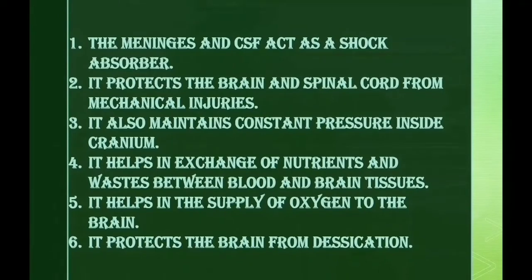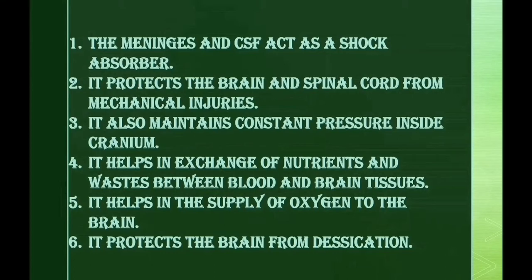First is the meninges. We already studied the meninges, and the CSF acts as a shock absorber. That means whenever any accident takes place and you fall down and get hurt on your head region, on your brain region, then the CSF immediately flows out, scatters everywhere around the brain, absorbs the shock and protects the brain.